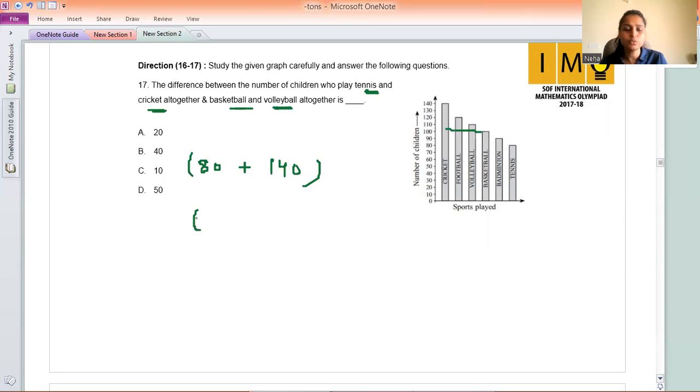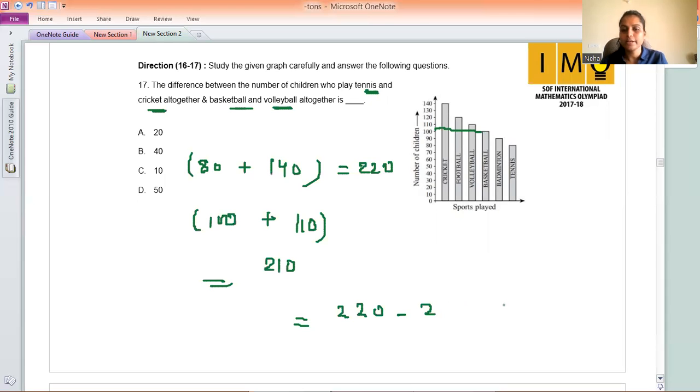I think there are 100 students. And for volleyball, there are 110 children. So what is the sum? The sum is 210. And what is the sum here? The sum is 220. So what is the difference? 220 minus 210, that means 10. 10 is the difference. So option number C is your correct answer.